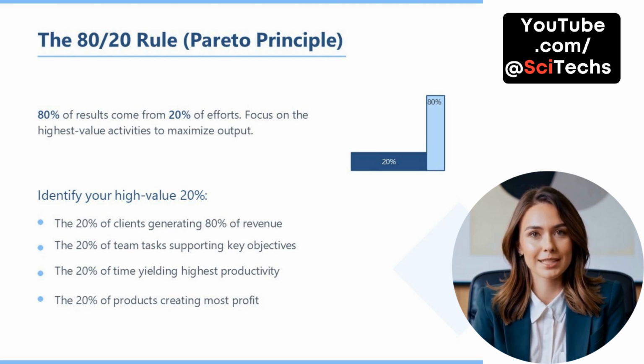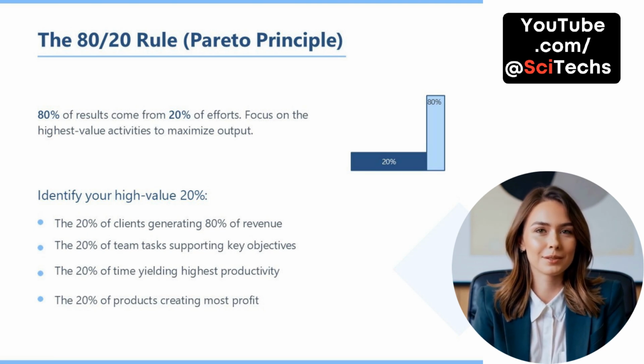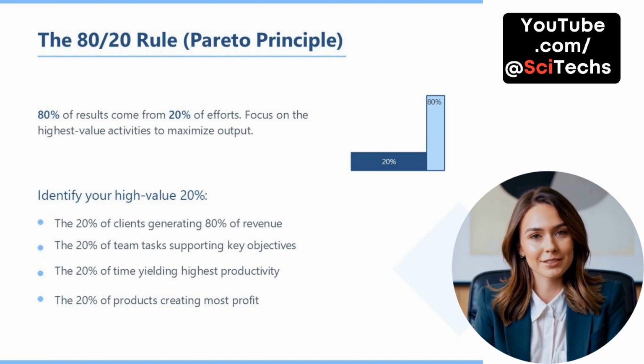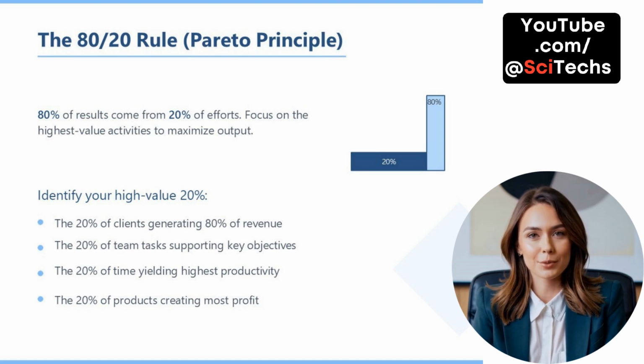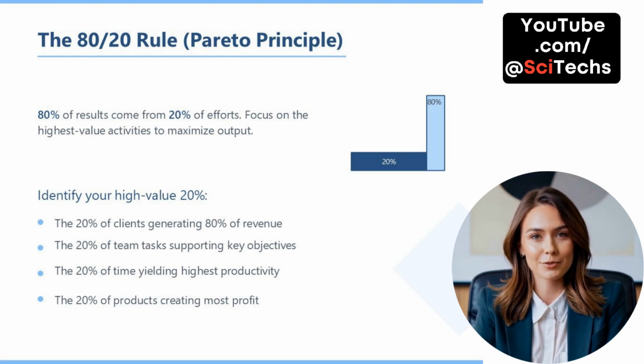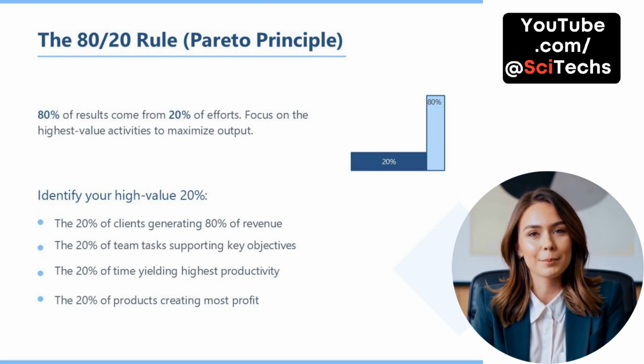Effective managers identify which 20% of clients generate the majority of income, which 20% of team tasks align with strategic goals, and which time blocks deliver peak productivity. By focusing energy on these high-leverage areas, managers amplify their impact without burning out. It's about doing less, but doing what matters more.